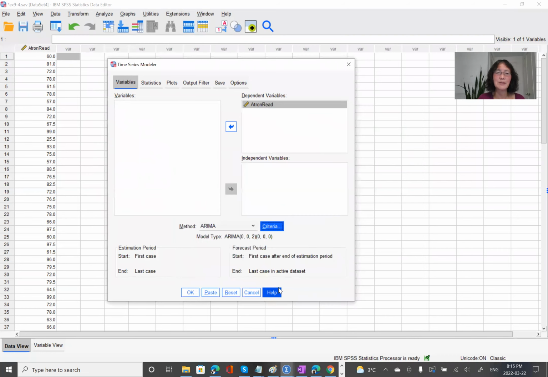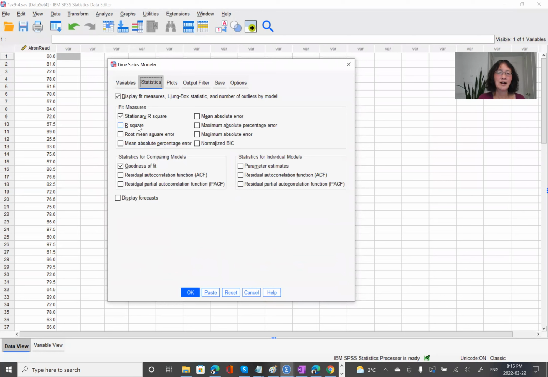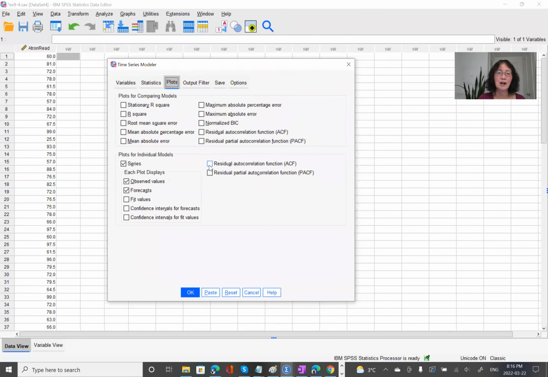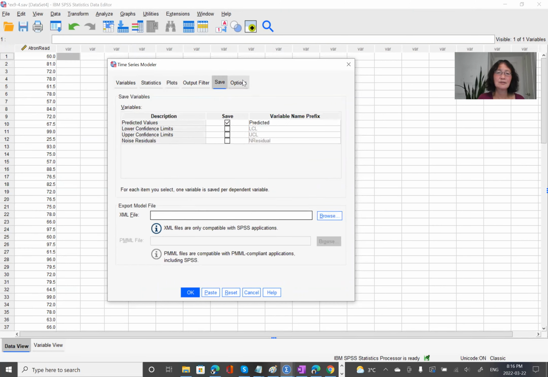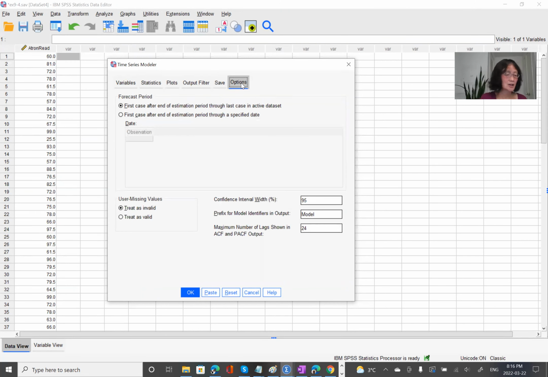So this is my MA2 model. And statistics, I want to display forecast. I want parameter estimates. Plots, check out these two, save, predicted value, options.